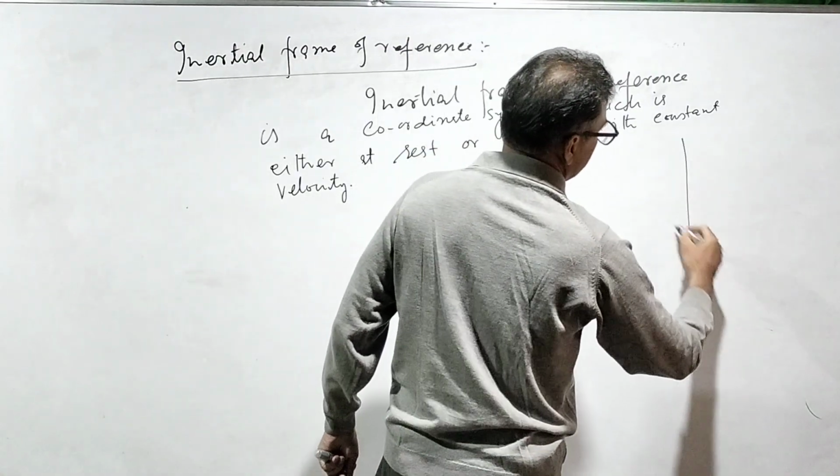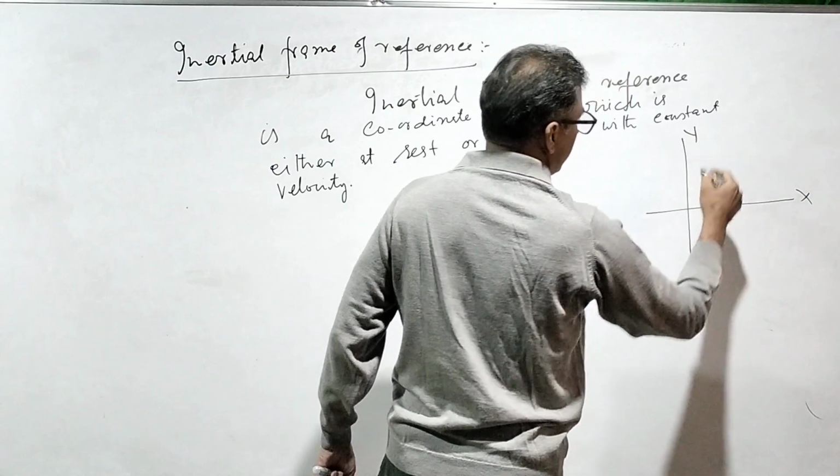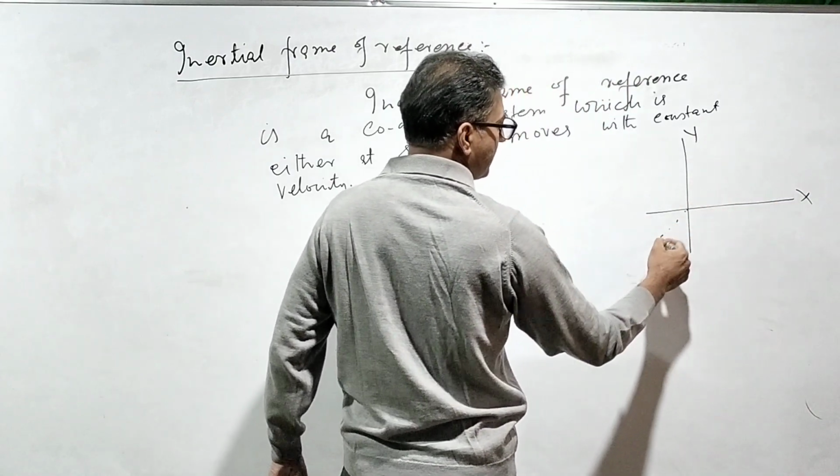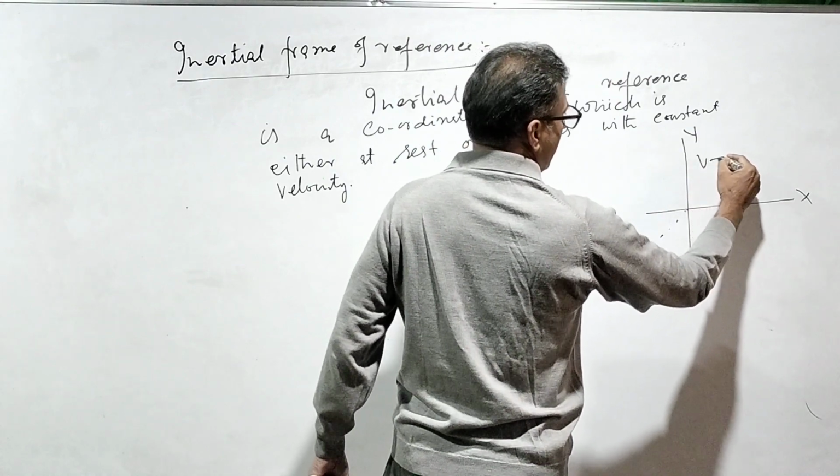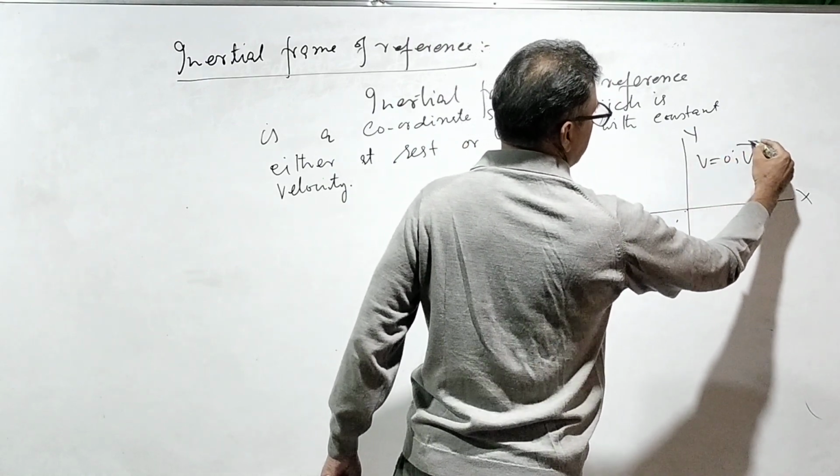Something like this: x, y, maybe it is z axis here. The velocity is either 0 or velocity is constant.